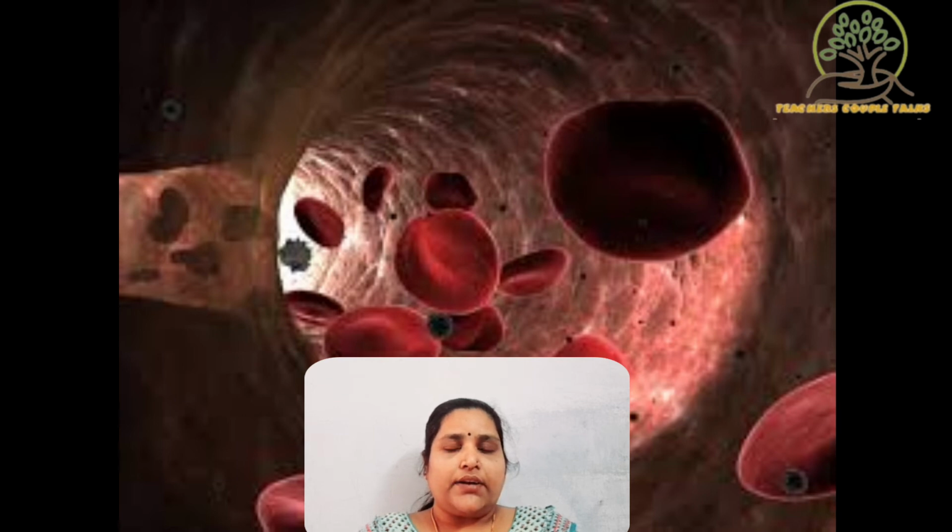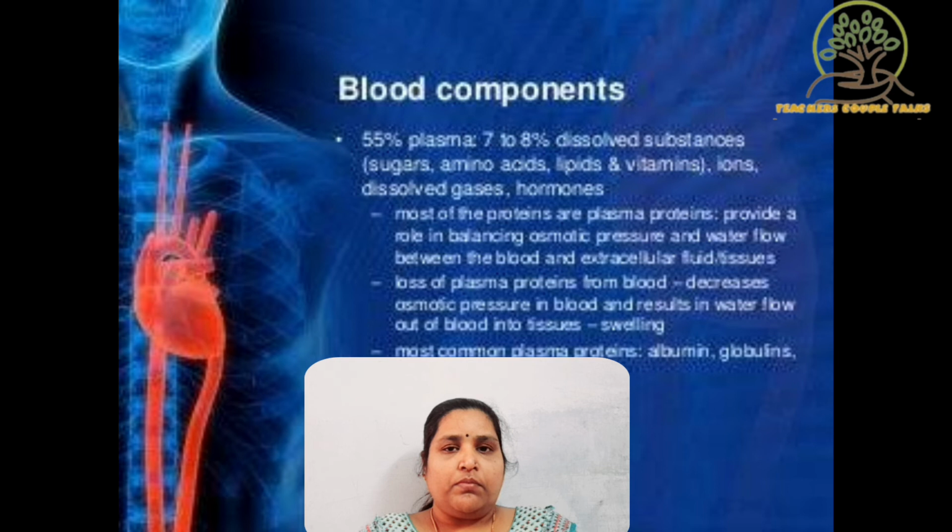They die and are destroyed at the site of the spleen, so the spleen is called the graveyard of the RBC. The diameter of red blood cells is 7 to 8 μm and the thickness is 1.5 μm.